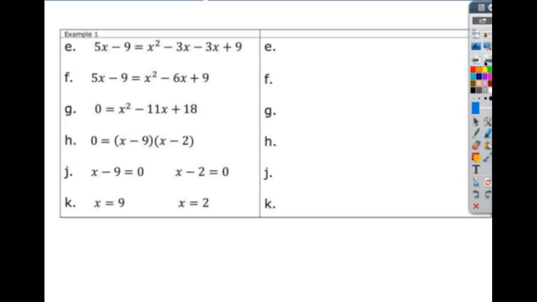I prefer a box problem because a box problem keeps things organized. Sometimes with FOIL, people miss one of the terms. They do one of the terms twice and they miss a different one. And with a box problem, it gets it all organized. So what they did here is they did FOIL and then they did combine like terms.